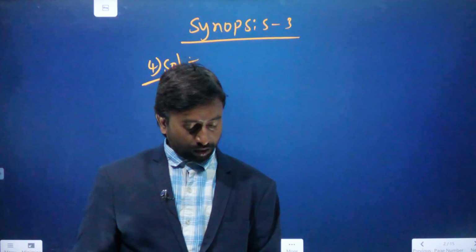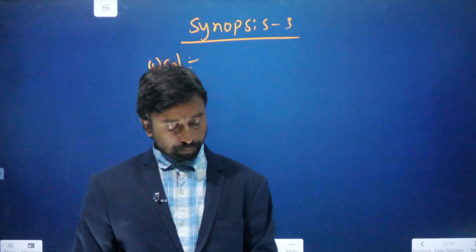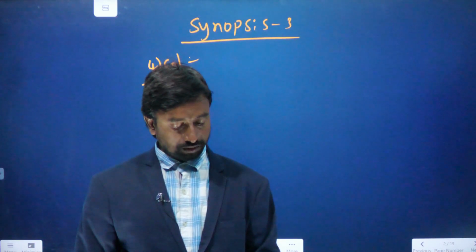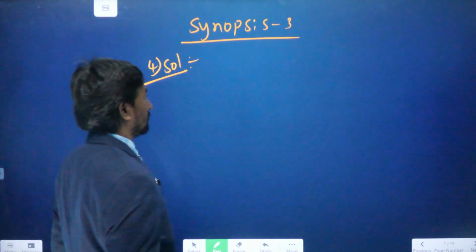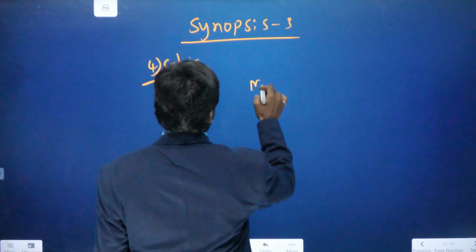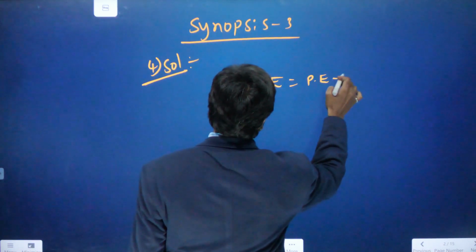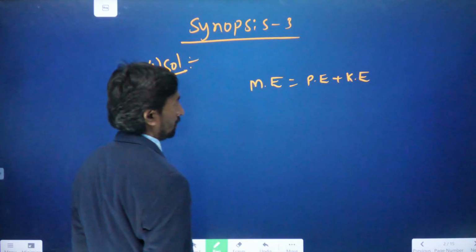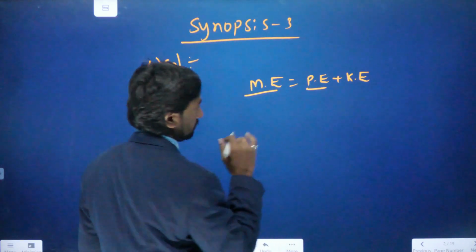A linear harmonic oscillator has a total mechanical energy of 200 joules. Potential energy of it at mean position is 50 joules. Then the maximum kinetic energy is? We know that total or mechanical energy is nothing but the sum of the potential energy and kinetic energy. They have given the mechanical energy, 200 joules, and the potential energy, 50 joules, so we should find the kinetic energy.